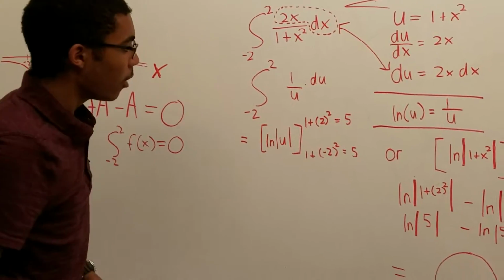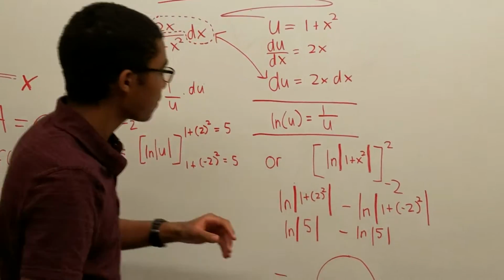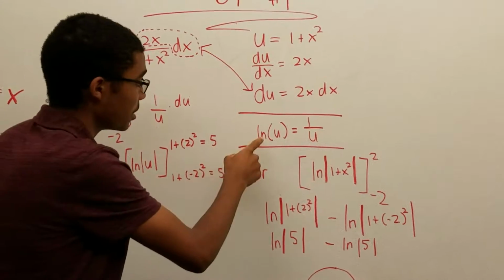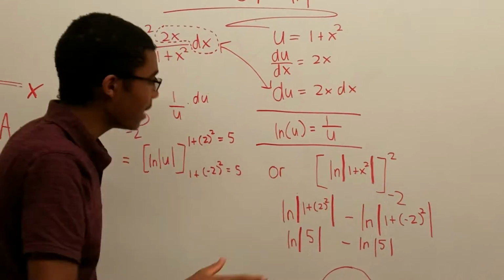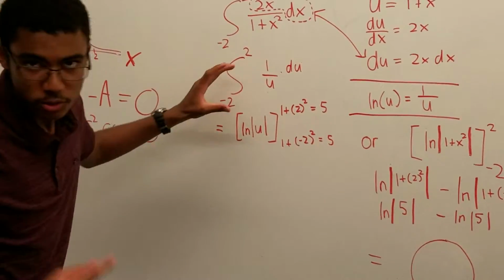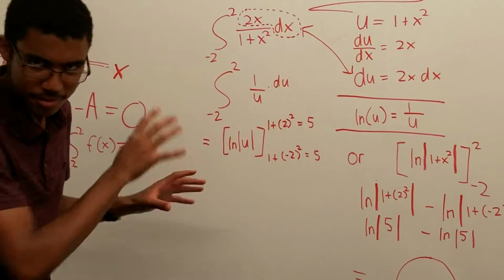Now, I'm going to show you a quick fact that we did in my previous video, just to refresh your memory. The derivative of ln u is 1 over u. So we know the antiderivative of 1 over u, going backwards, is ln u. Now there's two ways you can go after this step.